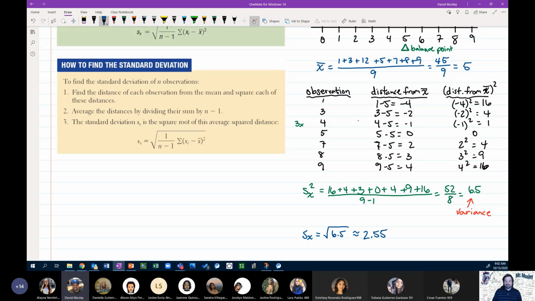That would be one standard deviation. Standard deviation is another way of measuring how spread out these things are. The larger the standard deviation, the more spread out our numbers are. The smaller, the closer together they are. Same thing goes with the variance. The larger the variance, the more spread out we are. The smaller the variance, the less spread out we are.